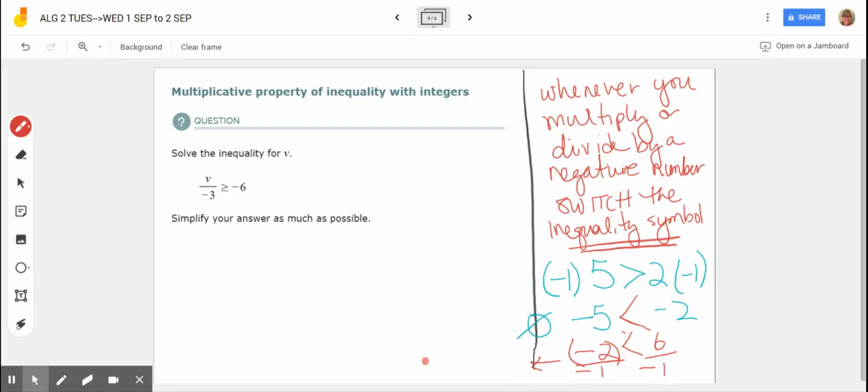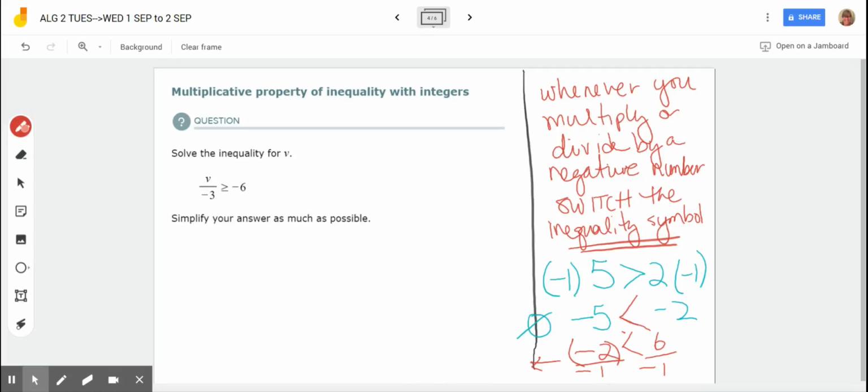You will get 2 is less than -6. And that is not true. So you need to flip that inequality around. Anytime you multiply or divide by a negative number, you need to switch the inequality. If you get the problem wrong, check that first. Most likely that's where you messed up. It's kind of hard. Sometimes it's just one of those triggers that you have to get by making enough mistakes.